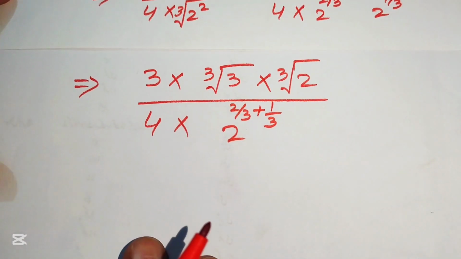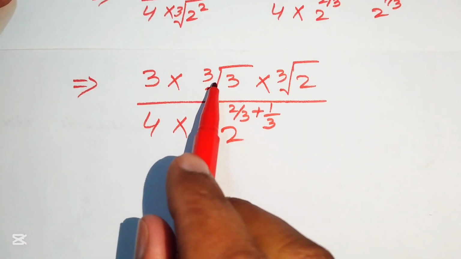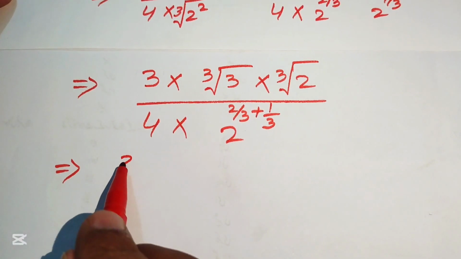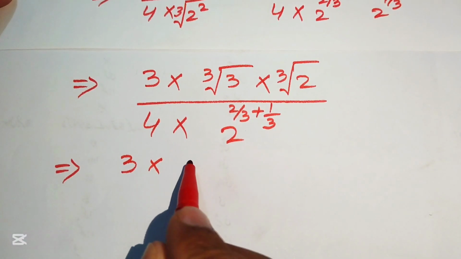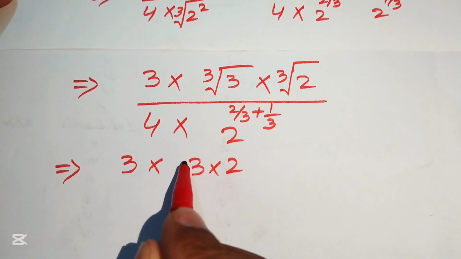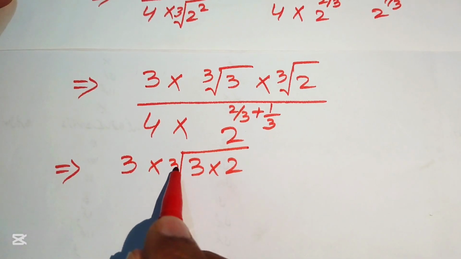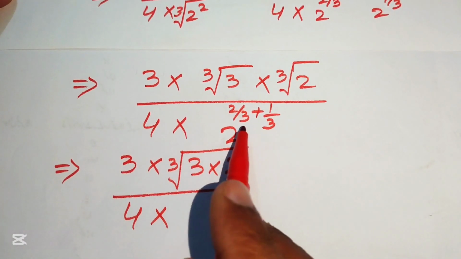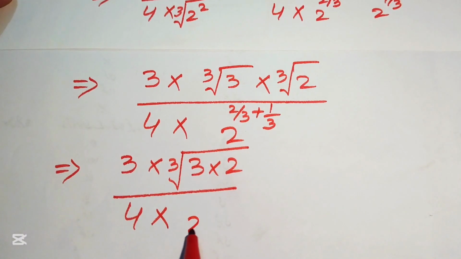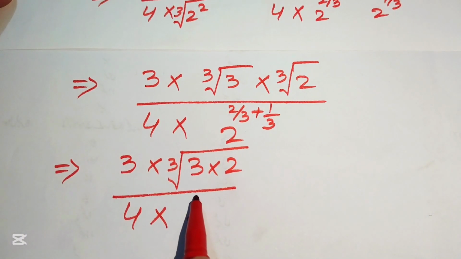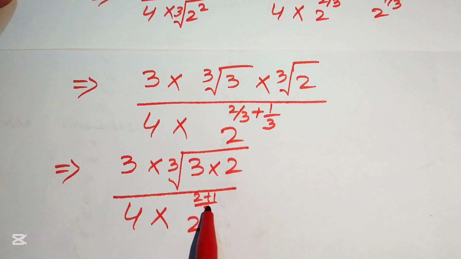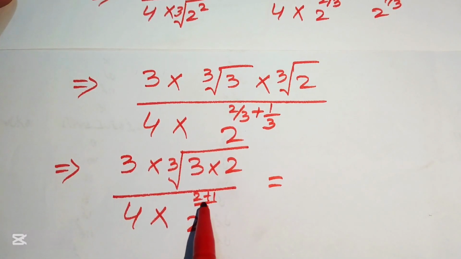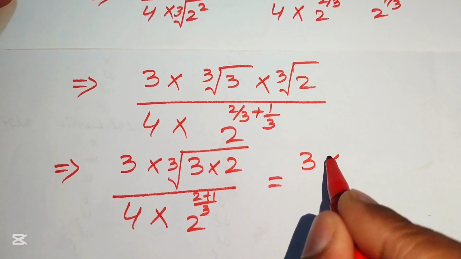Okay, so further we need to combine the cube root of these two terms, and we write it as 3 times the cube root of 3 multiplied by 2, and it is divided by 4 times, here we need to take the LCM of this term, and we get here 2 to the power of 2 plus 1 over 3.